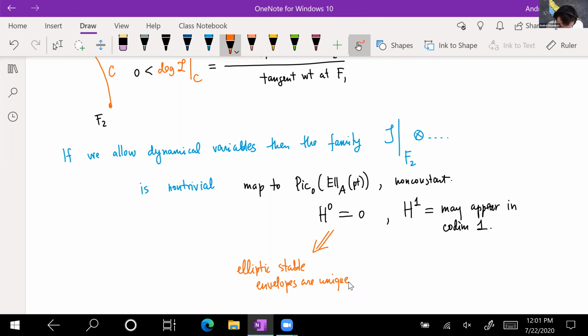And what does it mean that H1 can appear in codimension 1? They may not exist on some subvarieties of codimension 1.